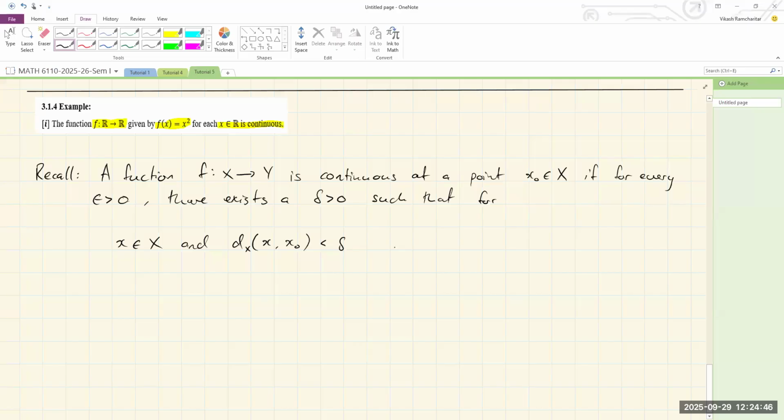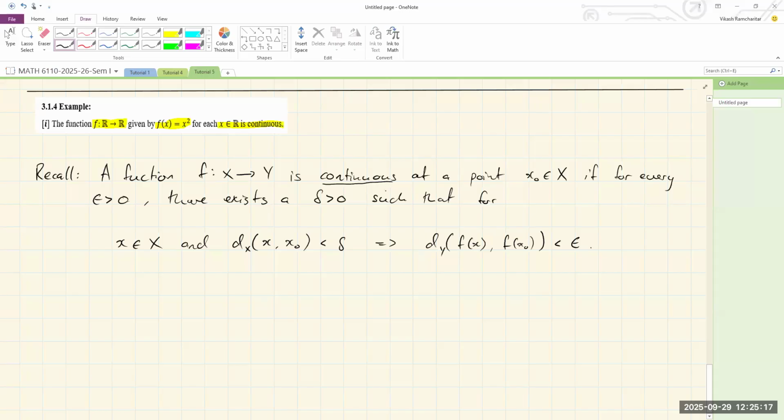Whenever this condition is true, this implies that the corresponding distance of the function values, the image of x to the image of x0 with respect to the Y metric, because the function values live in the Y metric space, should be less than this epsilon. Okay, so this is the definition of continuity.